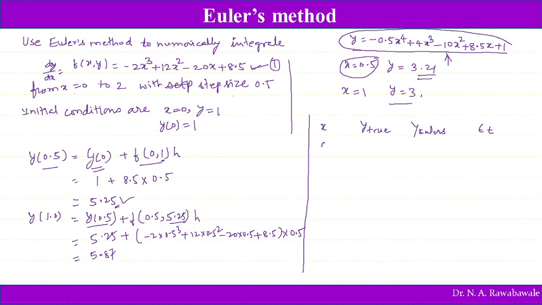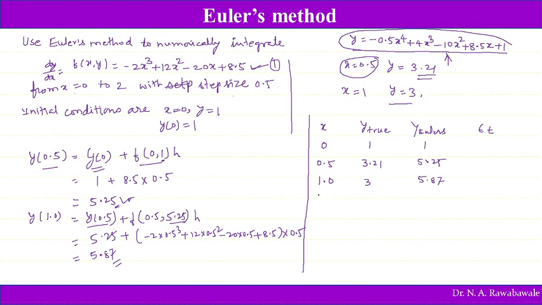So for x is equal to 0, the true value of y is 1, Euler's value is also 1. So x is equal to 0.5, true value is 3.21, whereas Euler's value we obtained as 5.25, you can see here 5.25. Then at 1.0, true value is 3 and Euler's value is 5.87, which we obtained here.